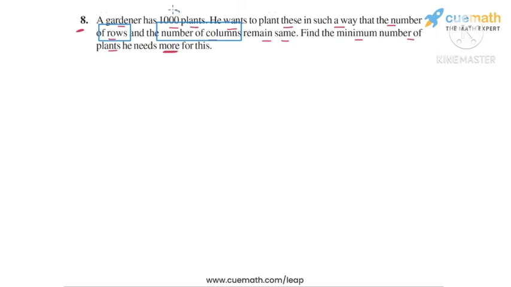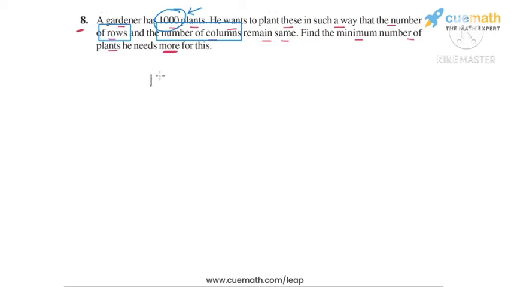But the number he has right now, 1000, is not a perfect square. So we have to find out how many additional plants we should add to this number 1000, so that the resulting number becomes a perfect square, because then he can plant them in a square formation. So that's what we have to do. We have to find the smallest number that we can add to 1000 so that it becomes a perfect square.